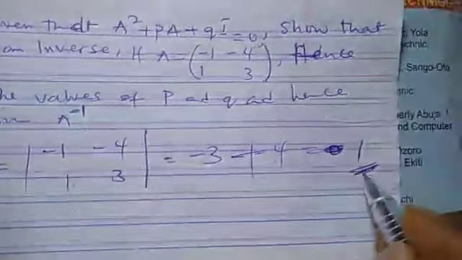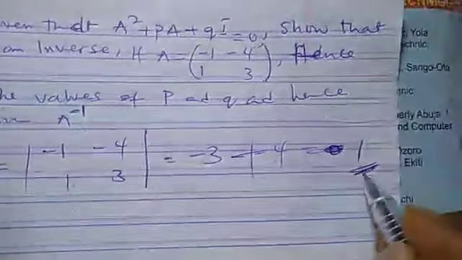With the help of this Cayley-Hamilton theorem, I can turn this lambda to A. That is, this A, which we are talking about here, is a square matrix, and it satisfies its characteristic equation.